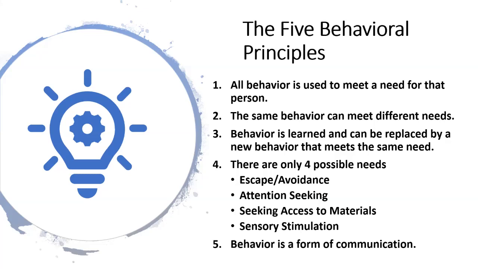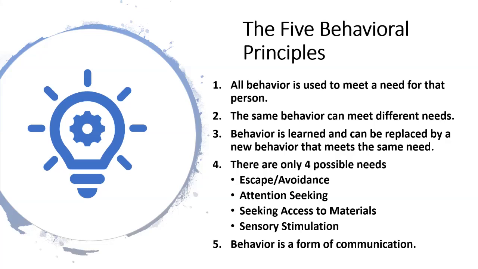So what are we looking at for the 5 behavioral principles? The first, all behavior is used to meet a need for that person. Whether the behavior is an accepted behavior or a challenging behavior, this principle still applies. For example, the need to obtain a toy from a peer is a common need in early childhood classrooms.